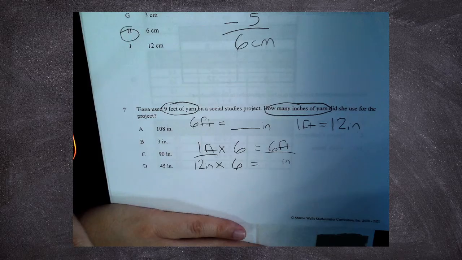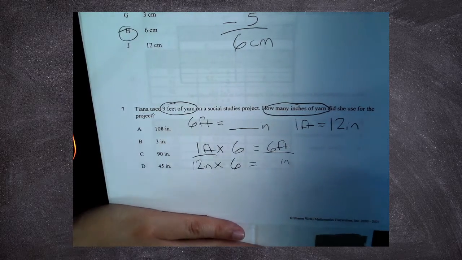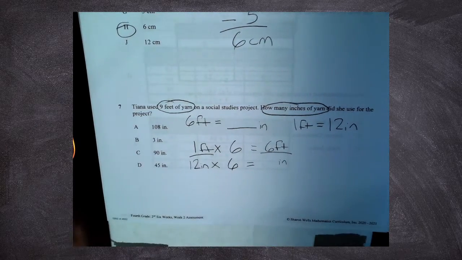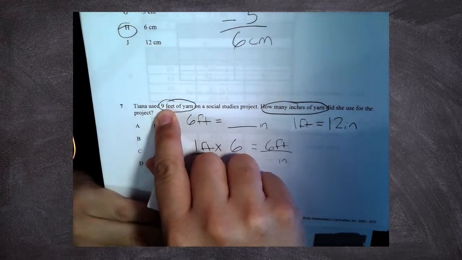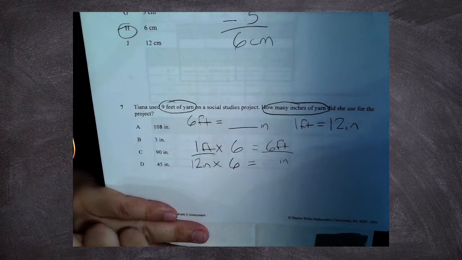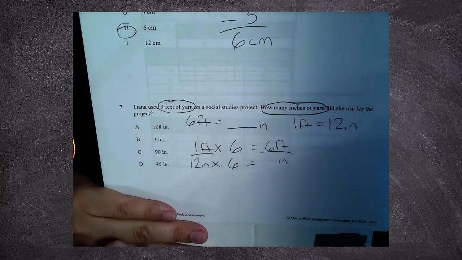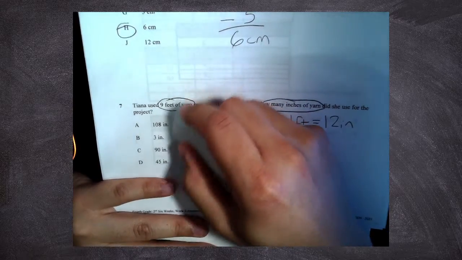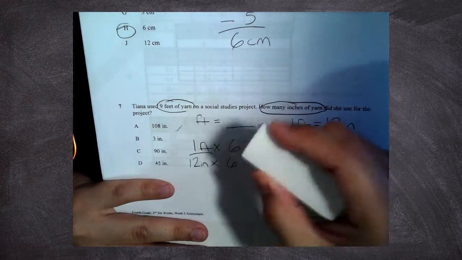Okay. So. Oh, sorry. Whoa. I made a mistake here. Look at what it says in my problem. 9 feet. But I wrote down 6.